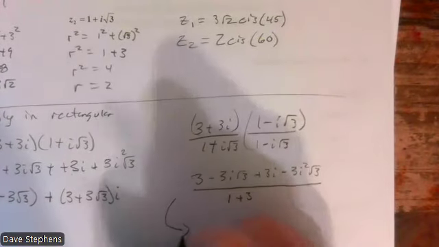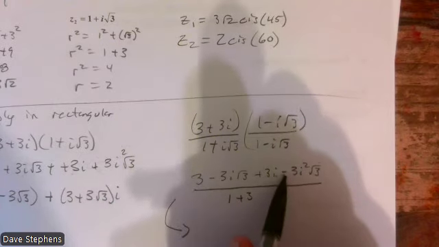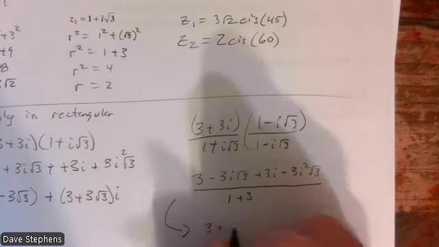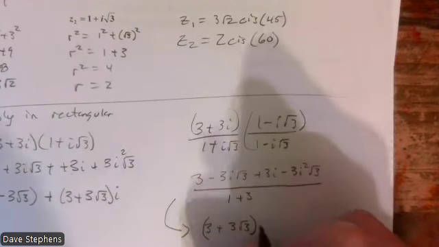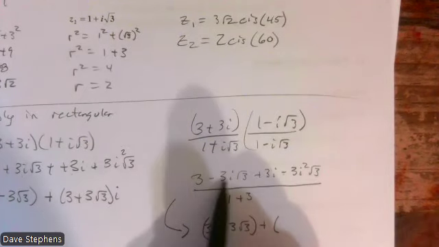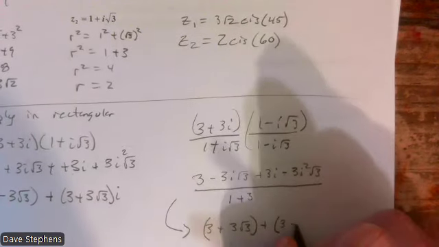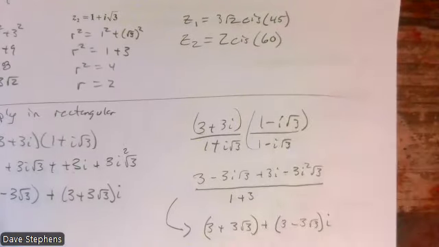So we end up with, i squared is -1, so it's a plus. So we get 3 plus 3 root 3. That's the real part. And now the imaginary part is that we have a positive 3, a negative 3 root 3, times i.